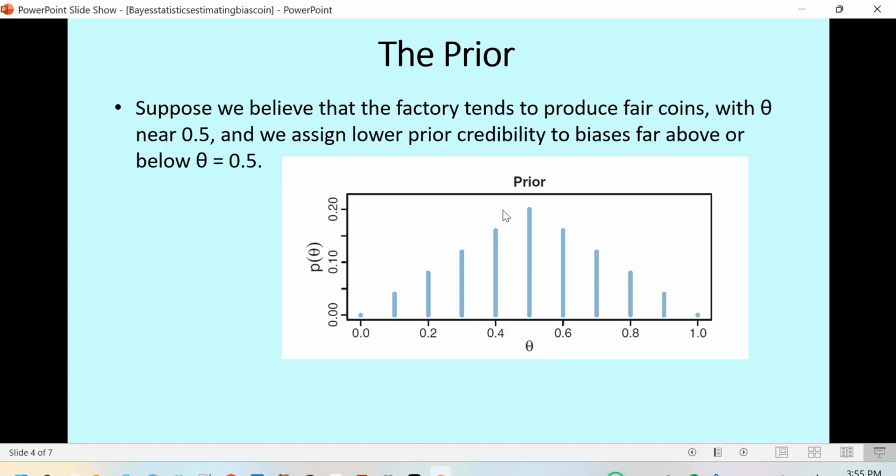For example, the probability of theta equals 0.2 is 0.1, and it is symmetrical, where 0.8 has the same probability as 0.2, and 0.4 and 0.6 have the same probability. So this is the prior information.